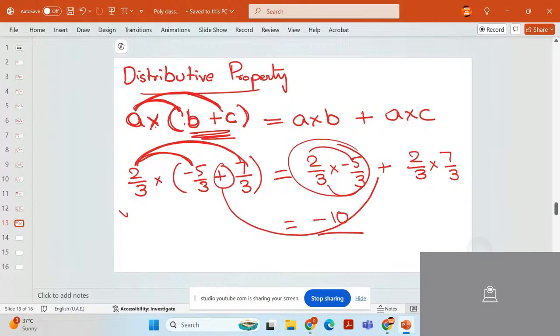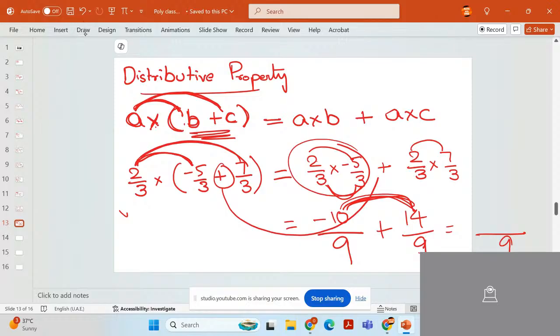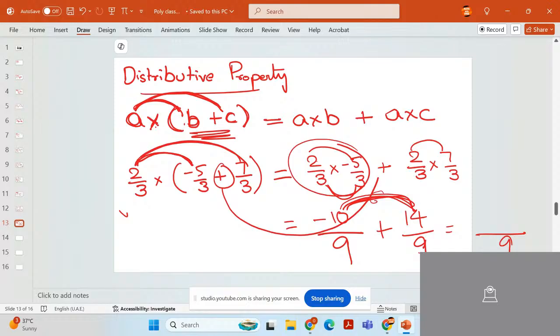So, minus 10, 3 into 3 is 9, plus 2 sevens are 14, divided by 9. You have the same denominators, so can I operate the numerators directly? Minus 10 plus 14. One is negative and another one is positive. If you have one negative and one positive, what will you do?